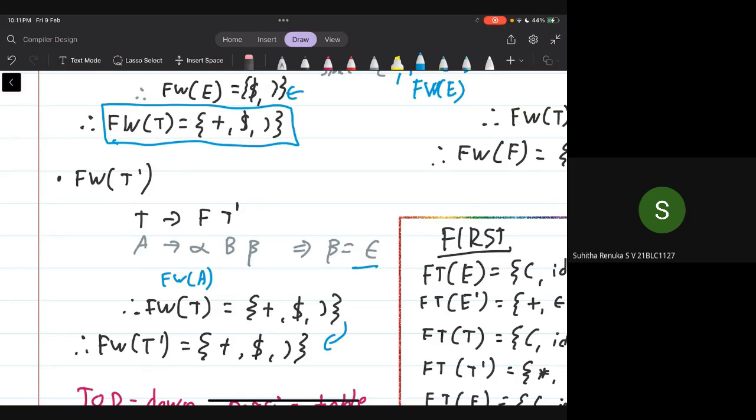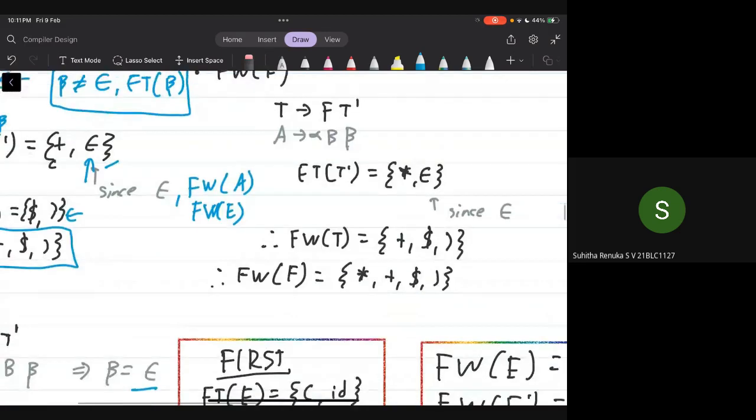Since beta is equal to epsilon, follow of T dash is equal to follow of A. Am I right? Follow of T நம்ம என்னன்னு கண்டுபிடிச்சோம்? மேல கண்டுபிடிச்சிருக்கோம். Follow of T dash, yes, done.